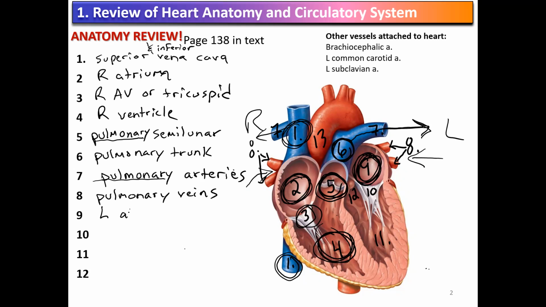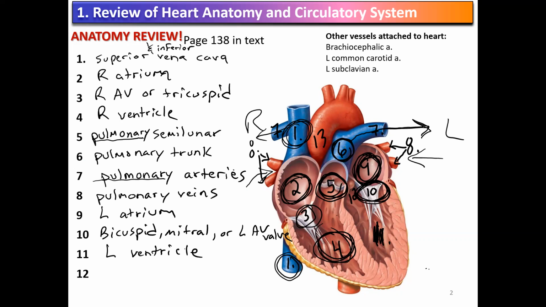which is the left atrium. Now this valve, marked 10, has 3 names: bicuspid, mitral, or left AV valve. And then 11 will be the left ventricle.